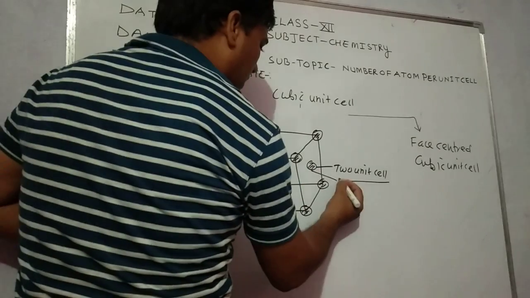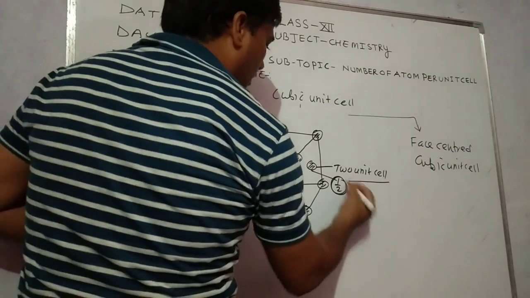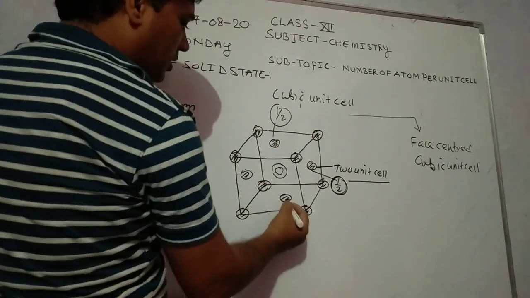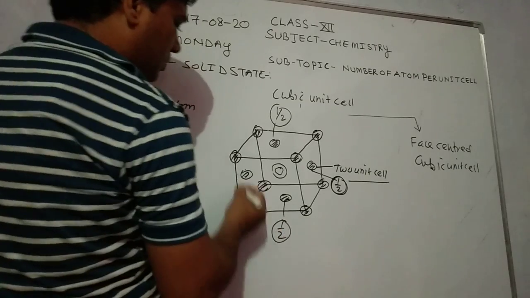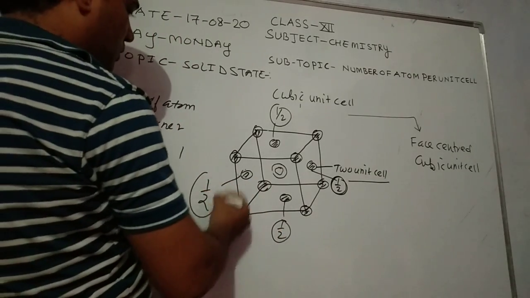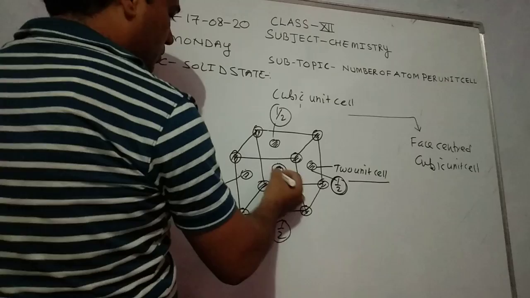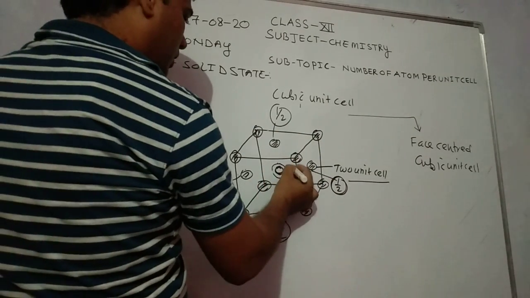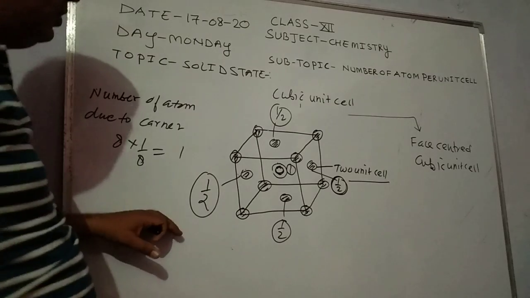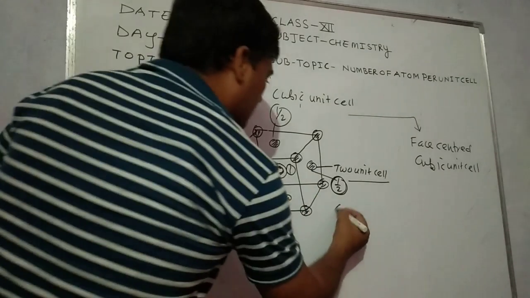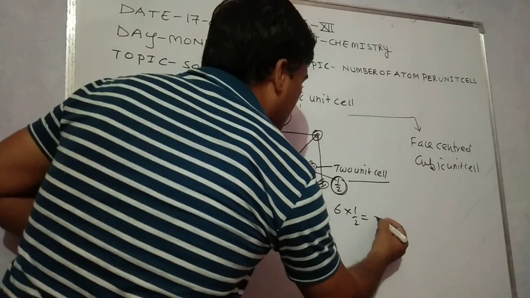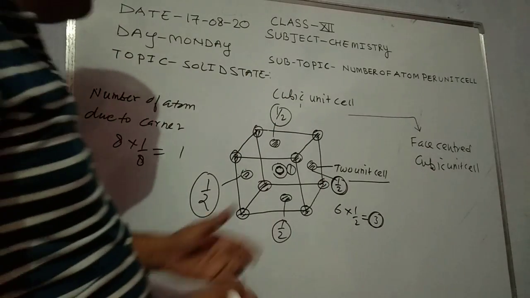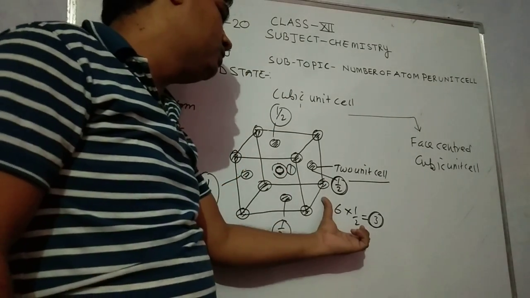For this particular lattice point, the number of atoms is 1 by 2, for this one 1 by 2, and this one 1 by 2, and this one 1 by 2, and for these two, 1 above the plane and 1 below the plane, so it is 1. So we can calculate 6 into 1 by 2, that is 3. So due to the faces, the total number of atoms in this unit cell is equal to 3.